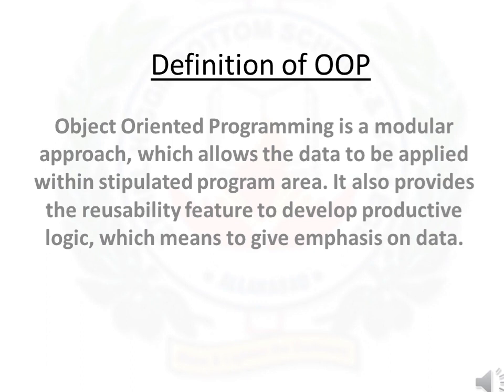However, a function of an object can access the function of another object. Okay, so these are the main differences between object-oriented programming and procedure-oriented programming. The languages under object-oriented programming are C++, Java, Smalltalk, Eiffel, etc.